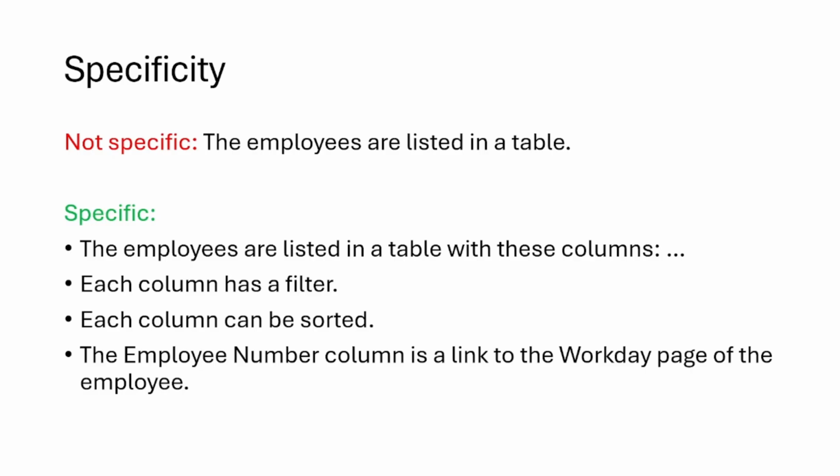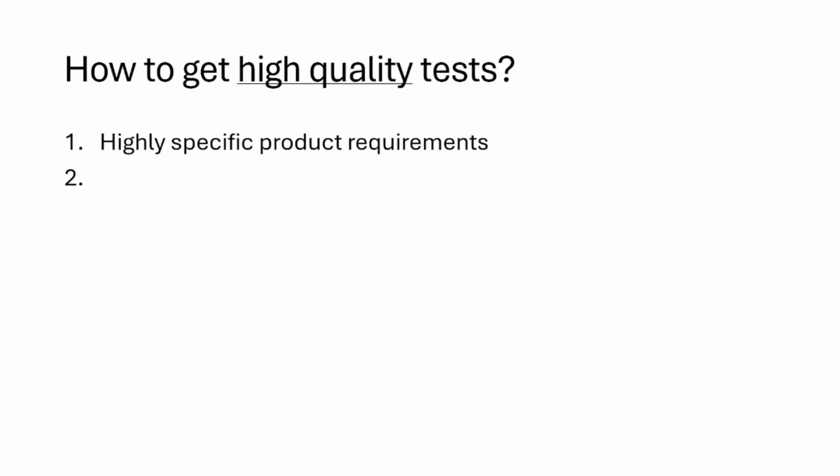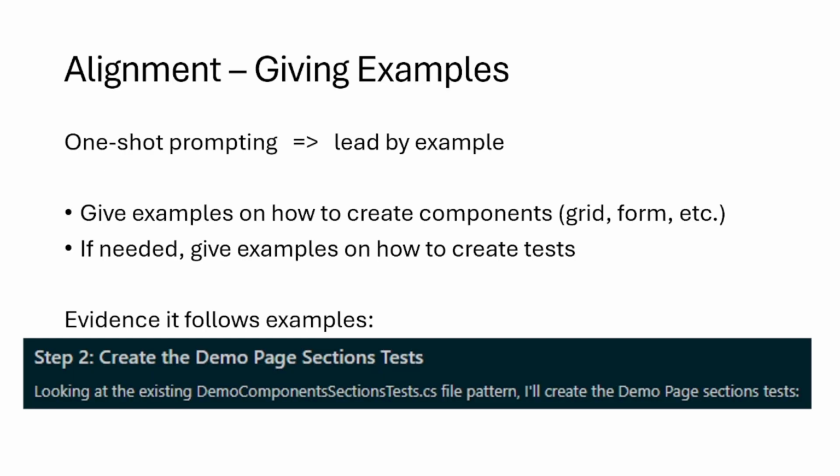Say that each column can be sorted. Because if you make the acceptance criteria this specific, you also get specific tests. You can then expect to get a test per column that checks whether sorting works. Same for filtering for that column. Okay, so specific.